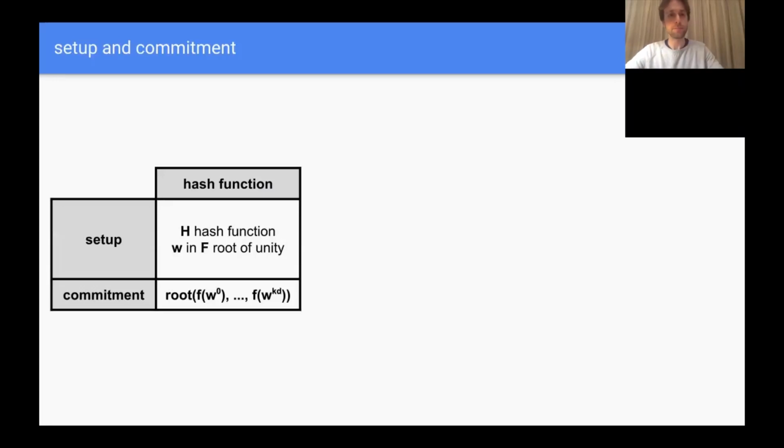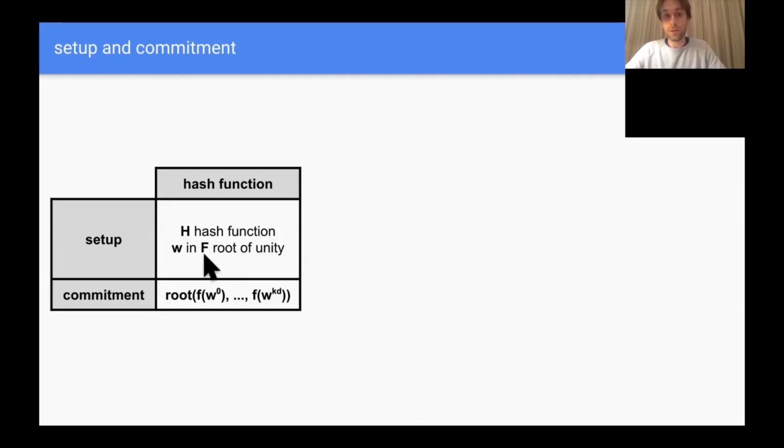We have 4 different flavors, and these 4 flavors correspond to 4 different areas of cryptography and math. So we have constructions that are based on hash functions, and that's FRI. The setup is very easy. You just pick a hash function, and common to all the discussion here is implicitly a prime field, a field over which the polynomial is defined. So F is going to be a field, H is going to be a hash function, and very often we want to do FFTs.